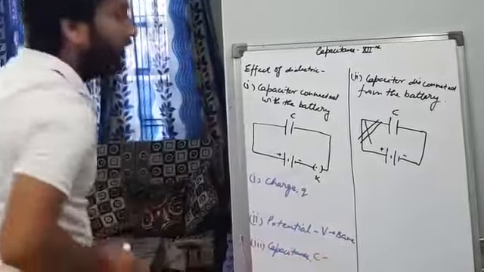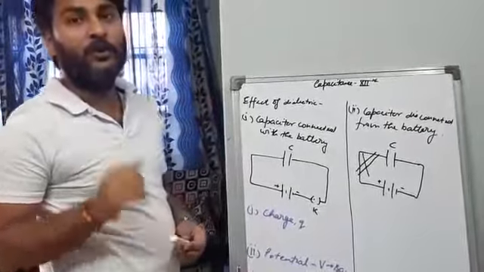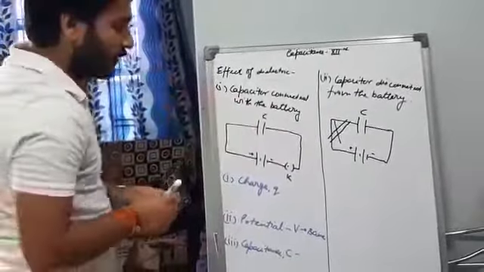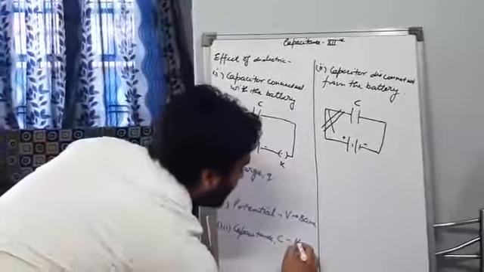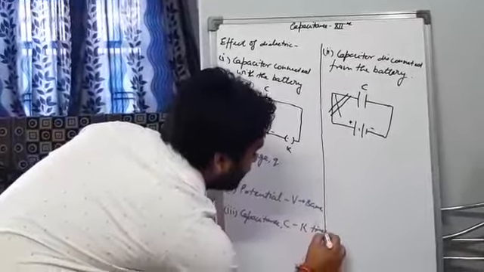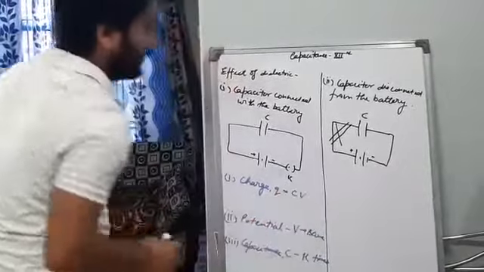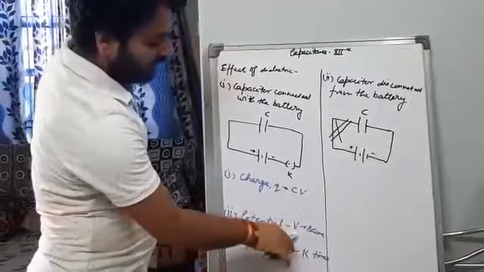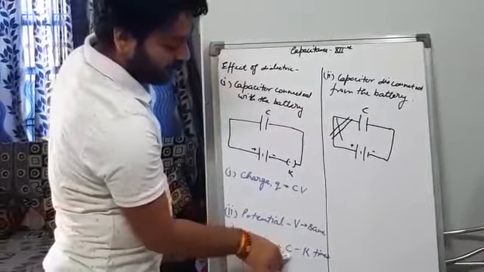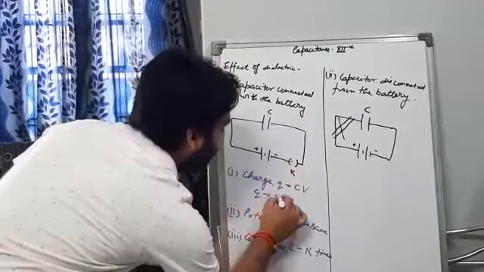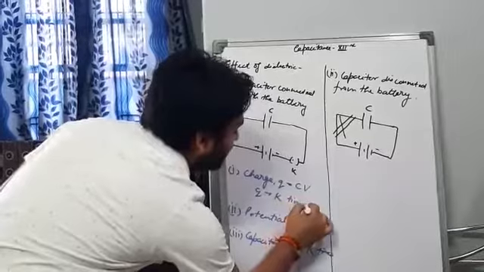When we did the parallel plate capacitor, I told you that whenever a dielectric is inserted between the plates of the capacitor, the capacitance becomes K times. Now if we see the formula, Q equals CV. V is the same, capacitance becomes K times, so obviously Q also becomes K times.